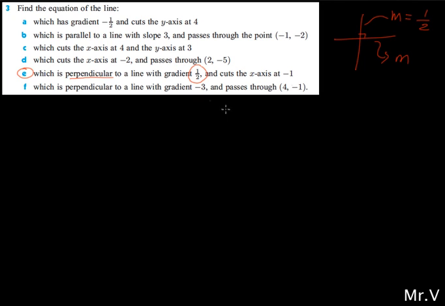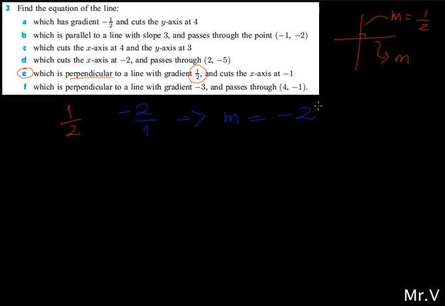As we learned, two lines are perpendicular when the slopes are negative reciprocal. So if my slope is 1/2, if I want to make it reciprocal, it becomes 2/1, but it says negative reciprocal, so I need to add a negative sign. So now I know that the slope of my line is equal to negative 2.